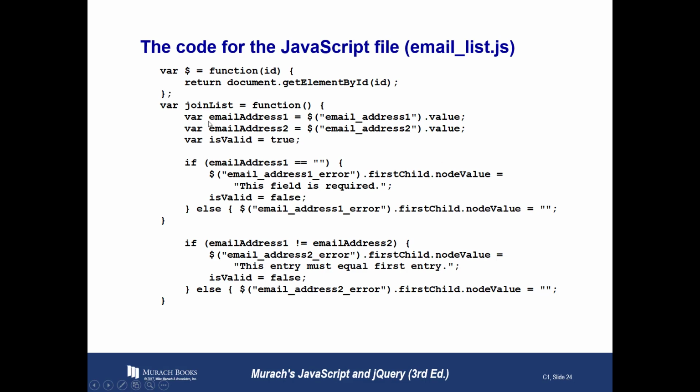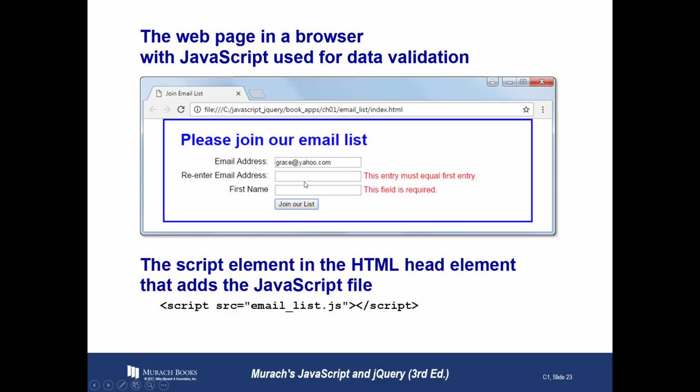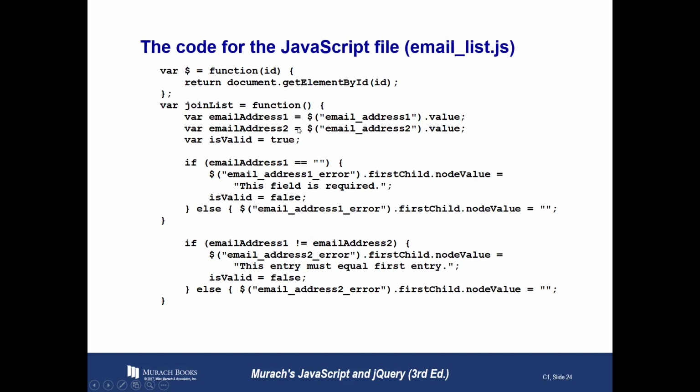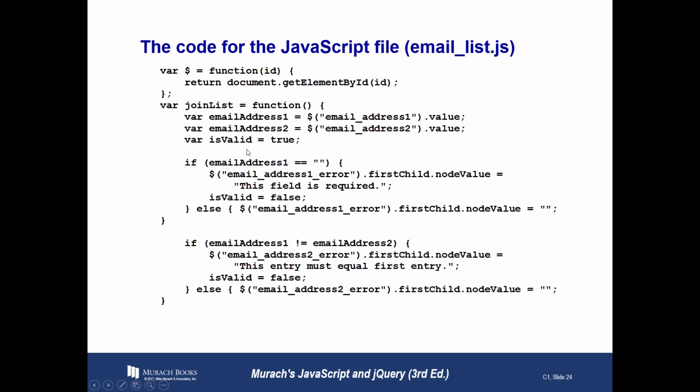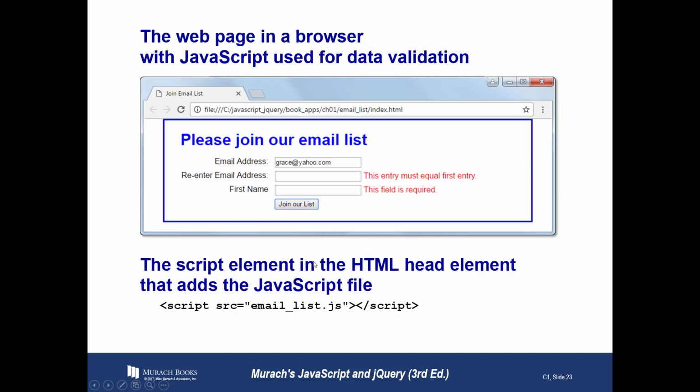All right. This is grabbing information from these text boxes right here, the first two. And this says if the first text box is empty, give it an error message that says this field is required. You'll see that it's not empty. Then this one says if the two are not equal to one another, write down this entry must equal the first entry.